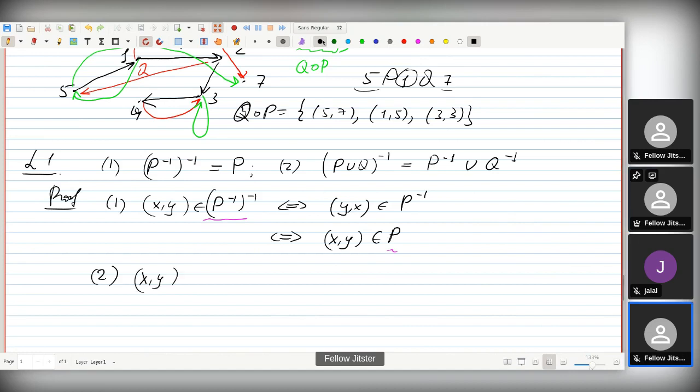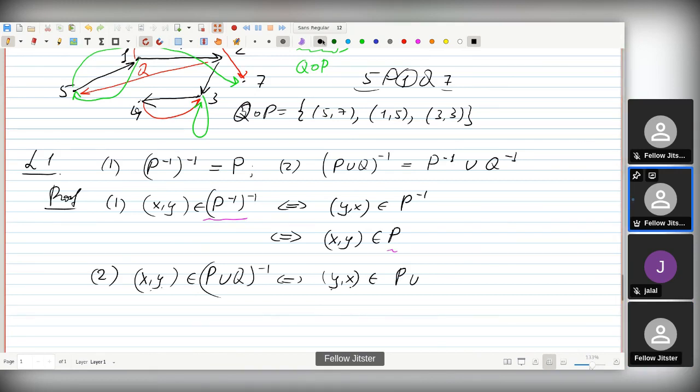Yes. And now let us consider the union. XY belongs to the converse of the union. Hence, YX belongs to what? To P converse union Q converse. No, I have changed the order. Oh, sorry, yeah.